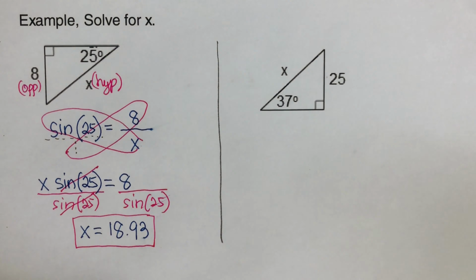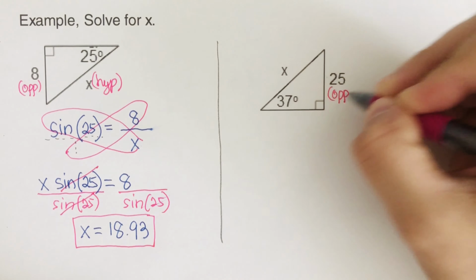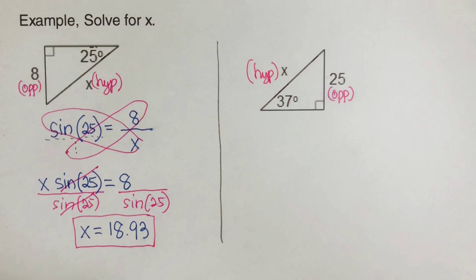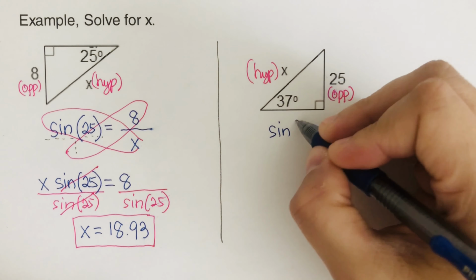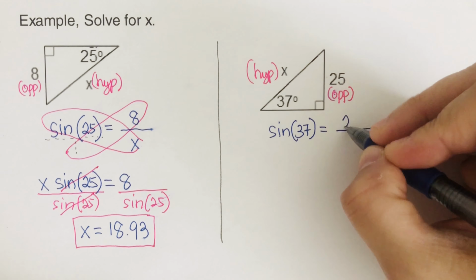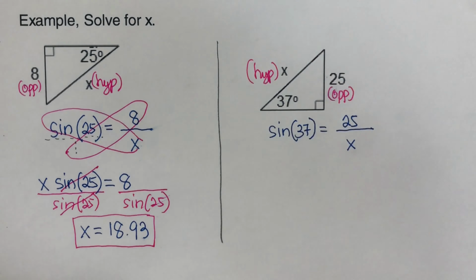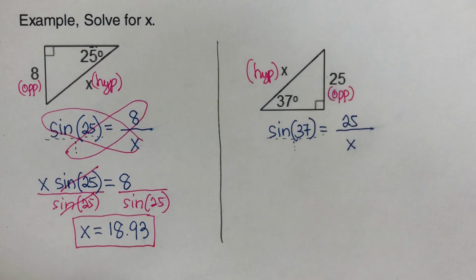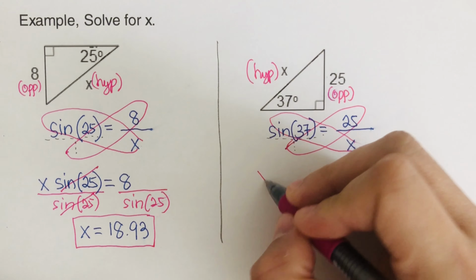Okay, we go over this. Again, we label these parts. 25 is our opposite, and x is our hypotenuse. So we're going to use the sine. To set up the equation, that would be sine of 37 degrees is equal to the opposite, 25, over the hypotenuse, x. Again, this one has an invisible denominator of 1. And then we cross multiply these two together to solve for x.